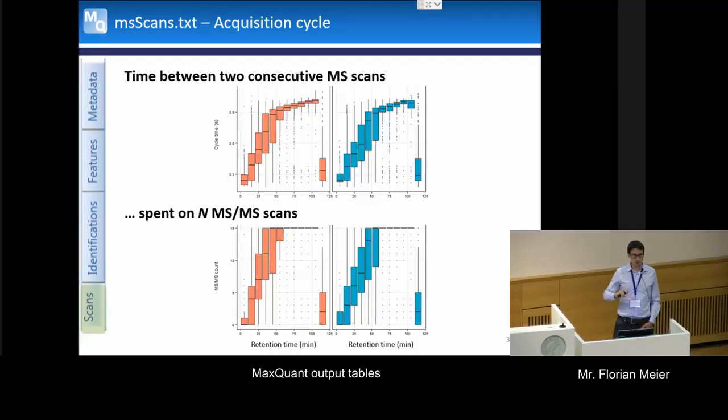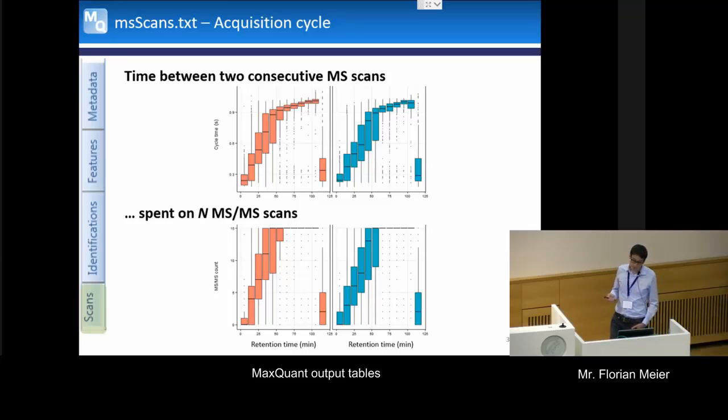And this then gives you a hint on how many MS-MS events you can squeeze in between 2 MS events. So we prefer cycle times of around 1 to maximum 2 seconds, and we just squeeze in as many MS-MS events as possible.